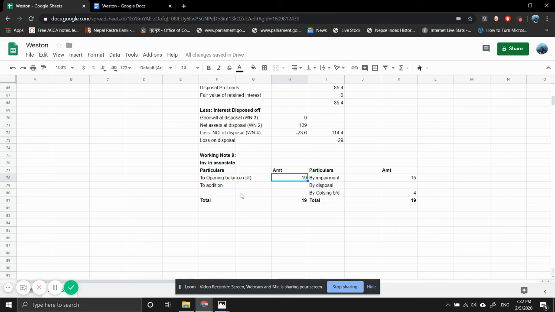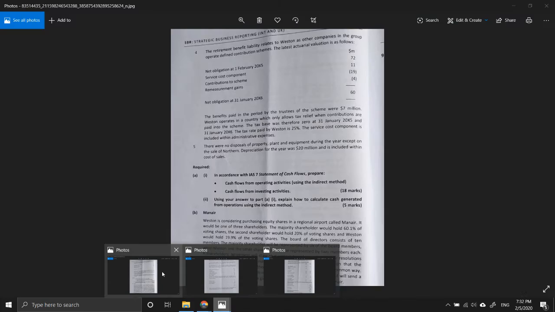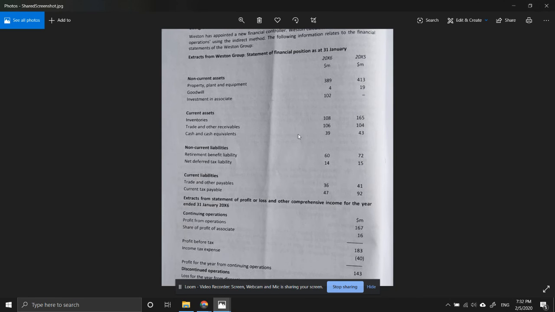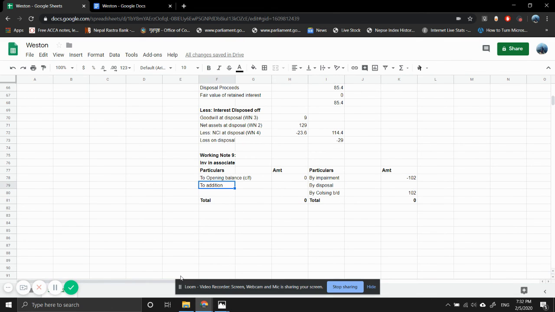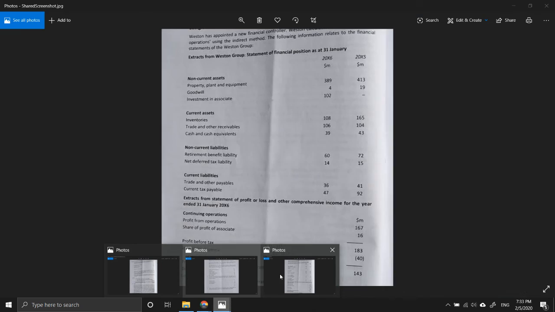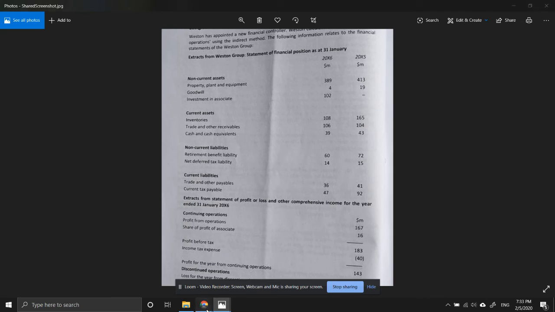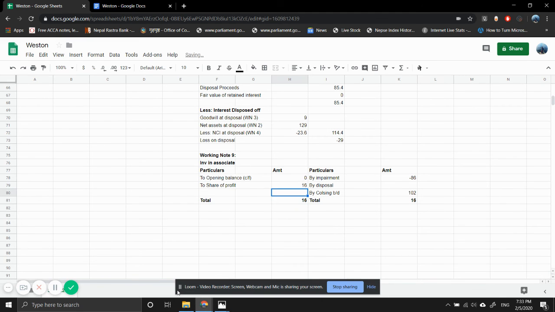Our opening balance is 0. Closing balance was 102, not 112, 102. There was no disposal. Share of profit will increase our investment. It is 16, so 16 will be over here, and then dividend will reduce this figure, right?